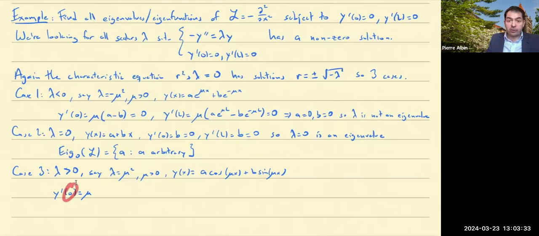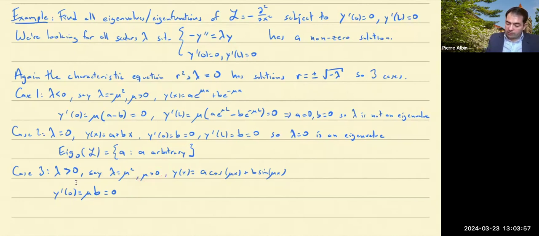If you evaluate at 0, then sine is 0. So that means that this term is not going to contribute, but this term will. So we end up with mu times cosine of 0, which is 1. So we just end up with mu b, and this is equal to 0. So mu is positive, which means that b has to be equal to 0.